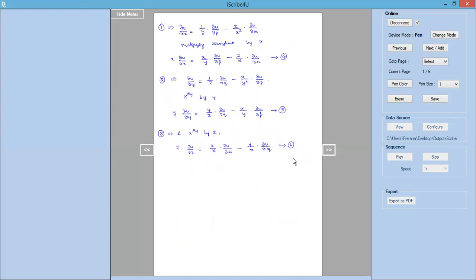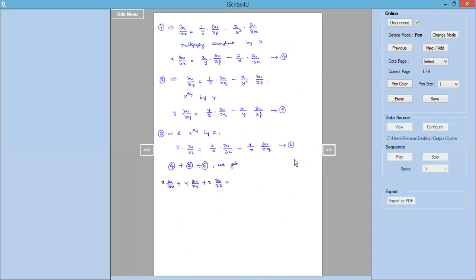Now we have to add 4, 5 and 6. So adding up equations 4, 5 and 6, we get left hand side x ∂u/∂x plus y ∂u/∂y plus z ∂u/∂z is equal to right hand side.